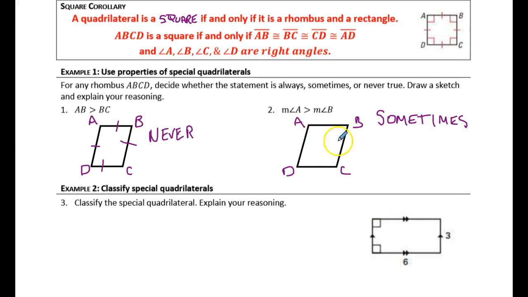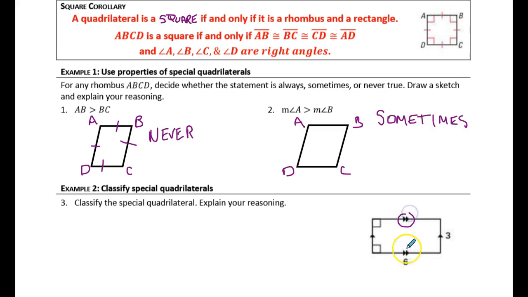And in this instance, A does appear to be bigger than B, but the only stipulation is that they are supplementary. All right, so we want to classify the special quadrilateral, and we want to explain our reasoning.